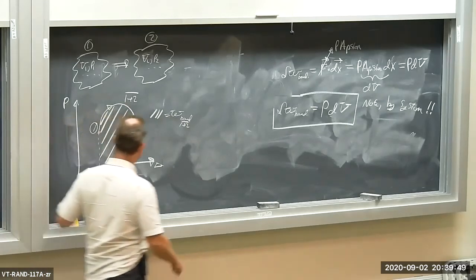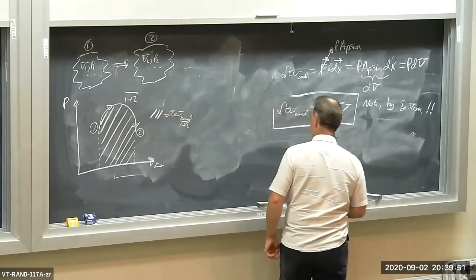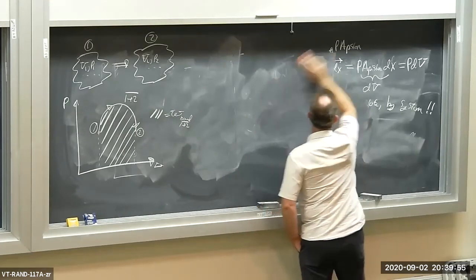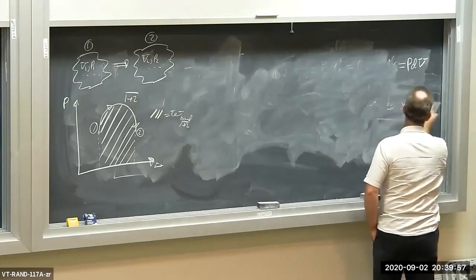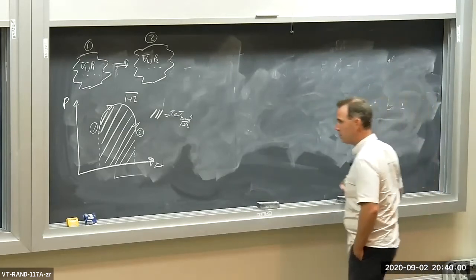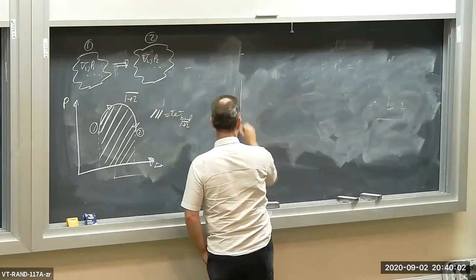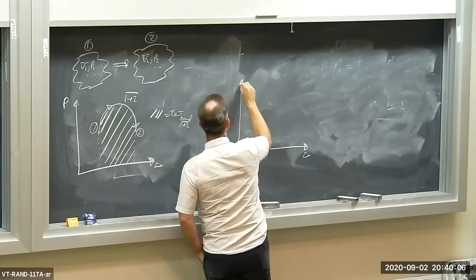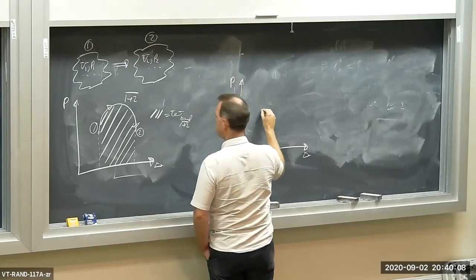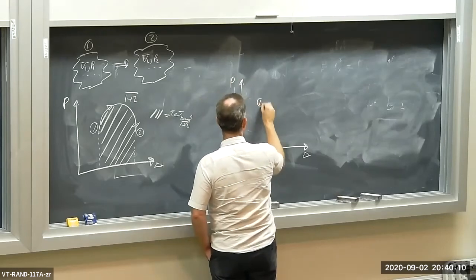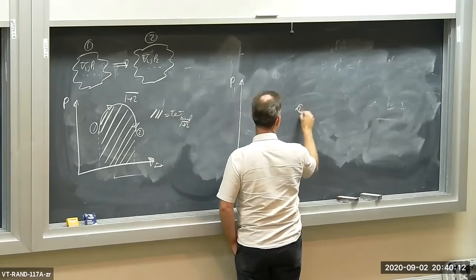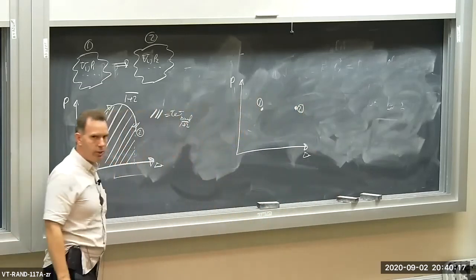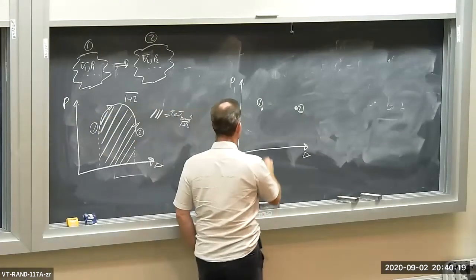What about, let's take a different path. State 1, same state. State 2, same state. But instead we take the following path.